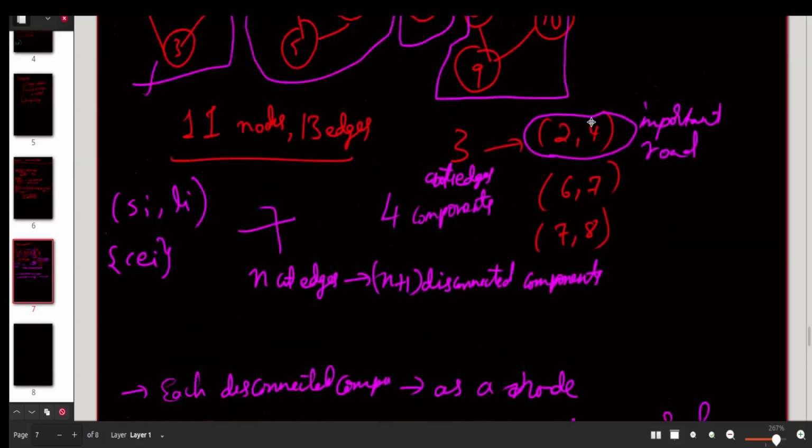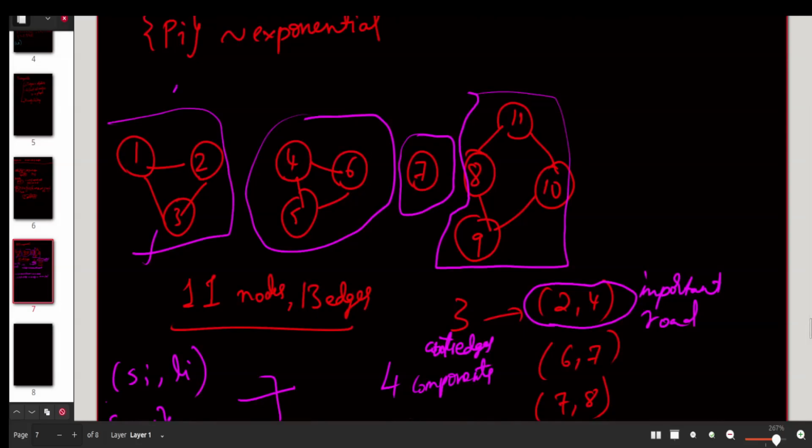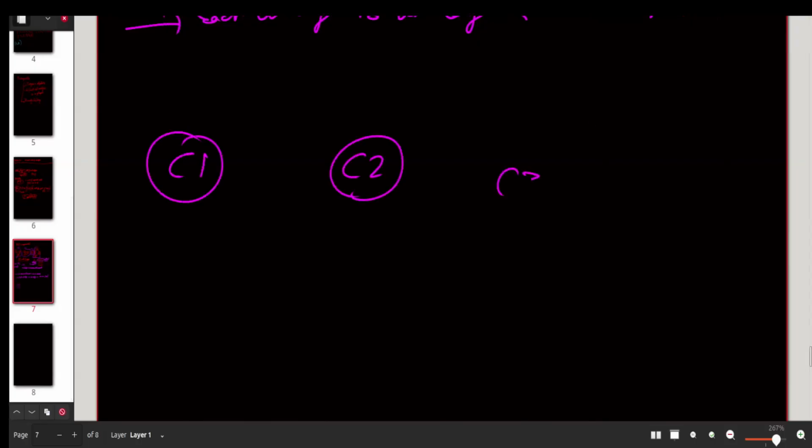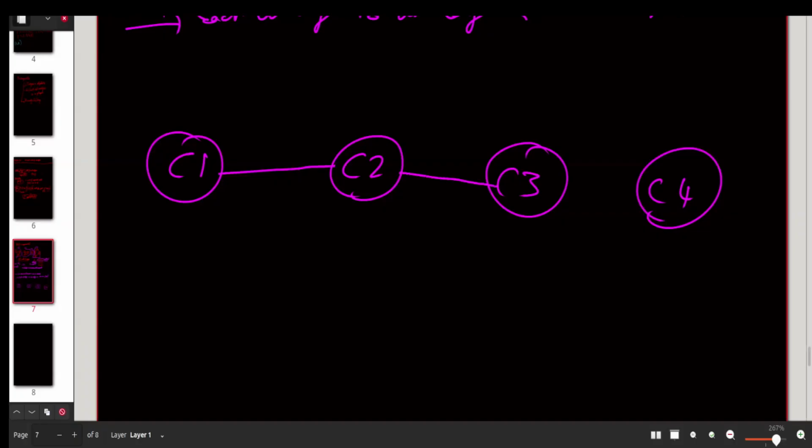For example, this is a component, let's say C1, this is C2, this is C3, this is C4. So we have C1, C2, C3, C4, and if you draw the cut edges as edges of this new graph, you can see that you will not have any cycles in the graph.